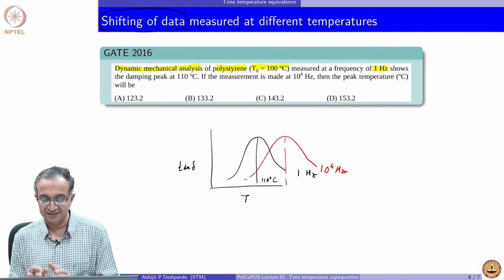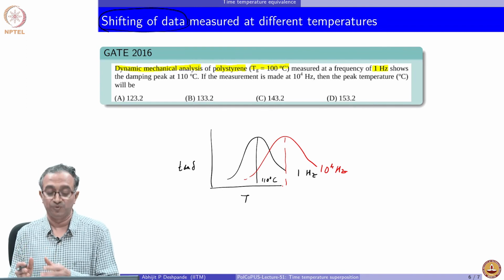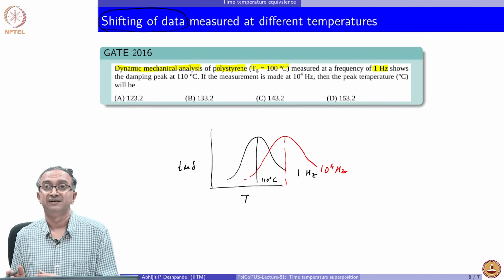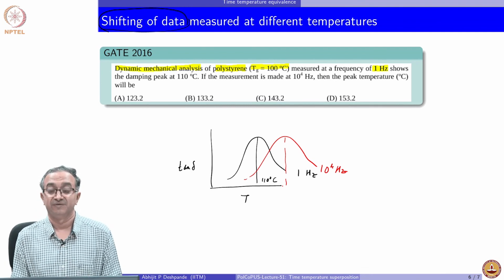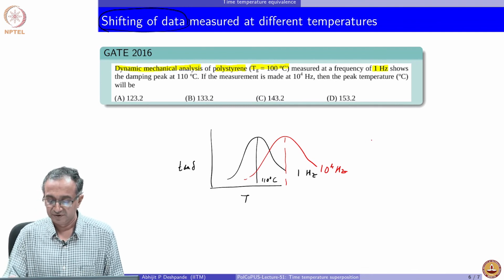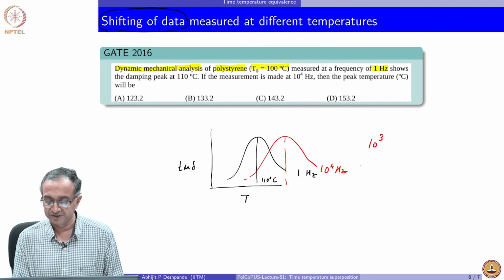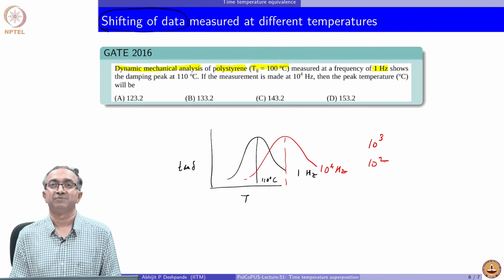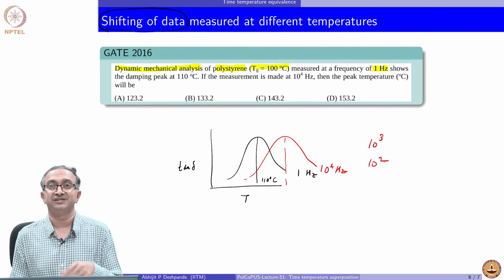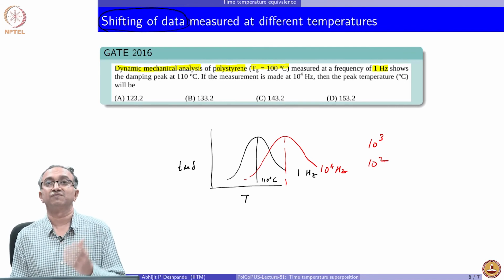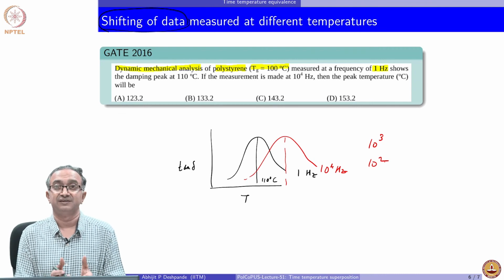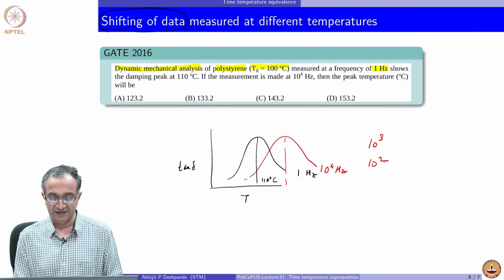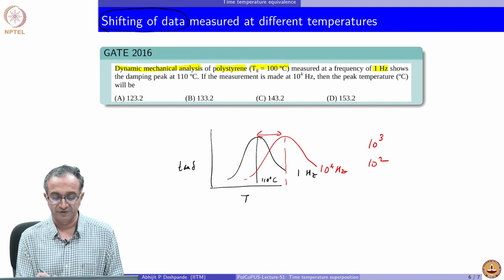So if I do the test at 10 to the power 4 and I know the temperature, using WLF I can find the peak at, say, 10 to the power 3 or 10 to the power 2 by shifting, and that is what we do in time temperature superposition. So this question is in fact asking what the shift will be, and it is just an application of the WLF equation, and using that we can know the shift of temperature.